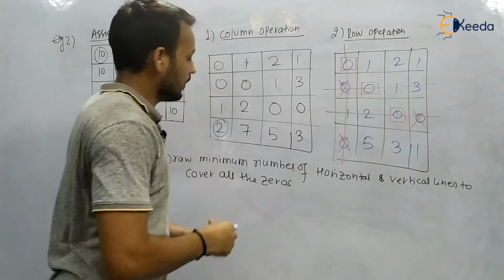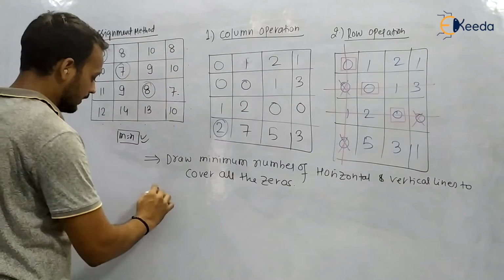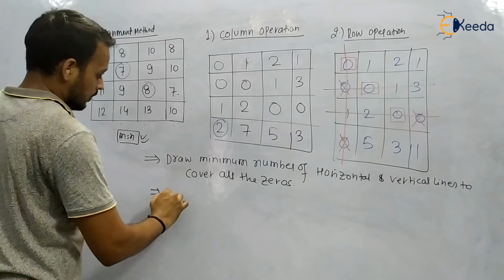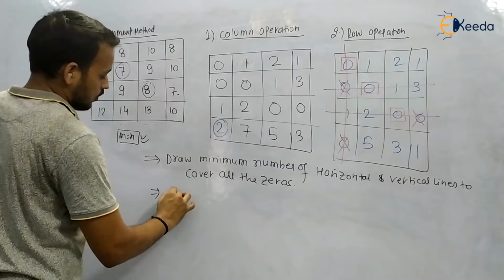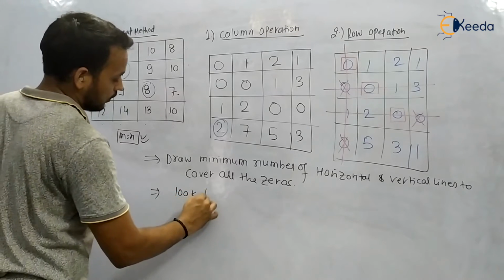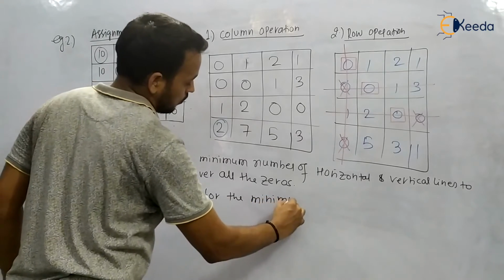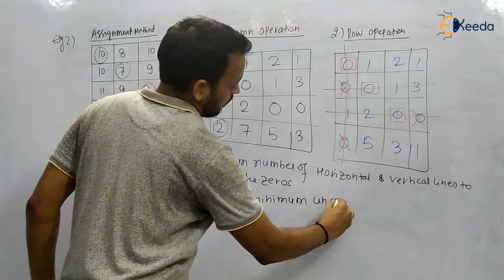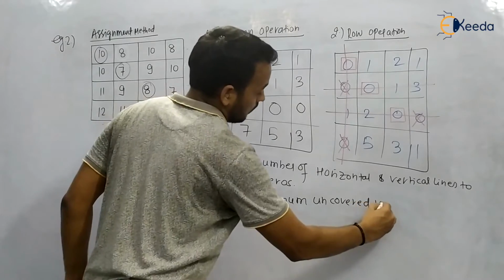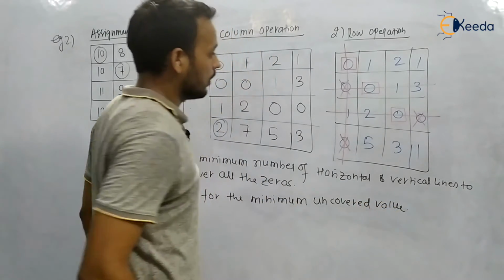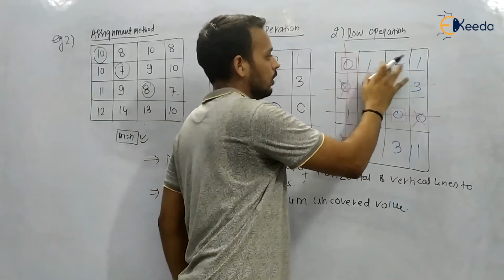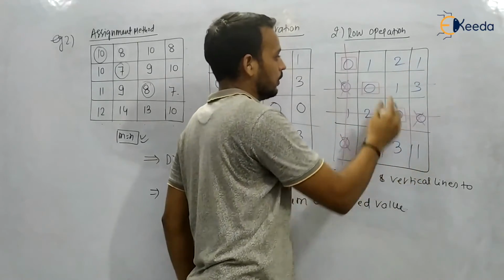The second step is to look for the minimum uncovered value. The uncovered values are 1 2 1 5 3 1 and the minimum is 1.